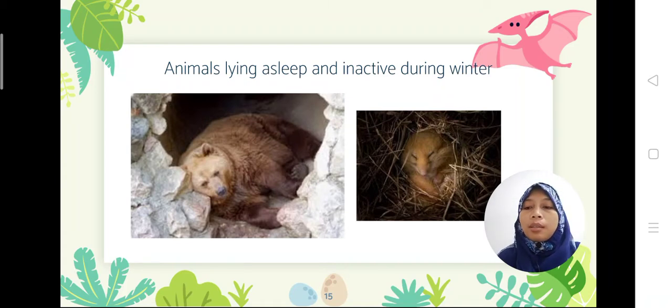When animals hibernate, it slows down the metabolism of the body. This allows them to conserve energy and live off stored fat. If the animal remained awake in winter, it would have to keep itself warm, and keeping warm requires a large amount of energy. So that is why most of the animals prefer to lie asleep during the winter and be active during the summer.